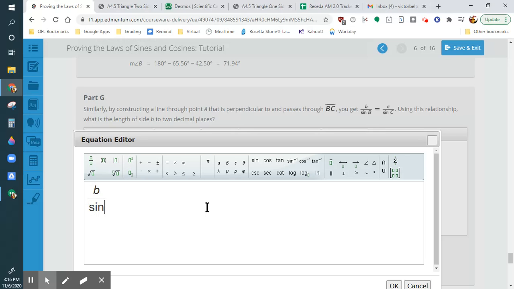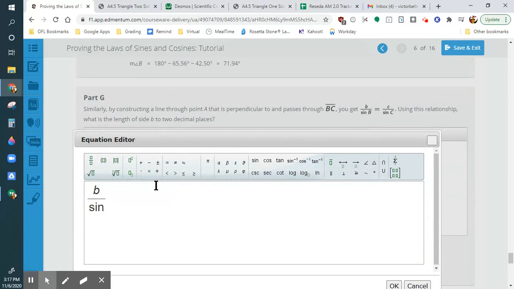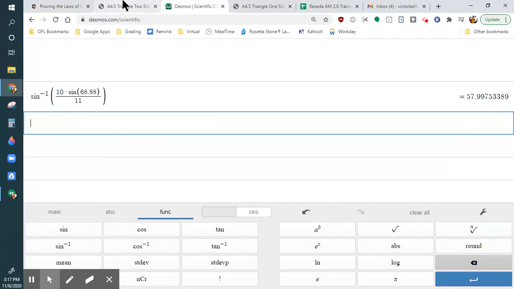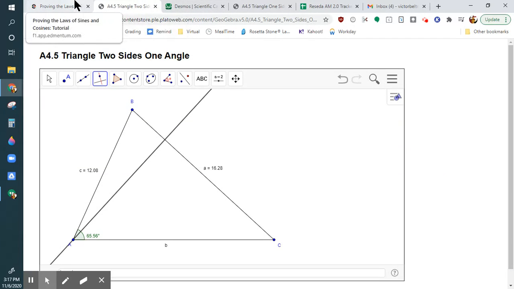Come on now. We know what angle B is. We said we're going to use their angle B, which is 71.94, is equal to little c. Little c was, what's their little c?